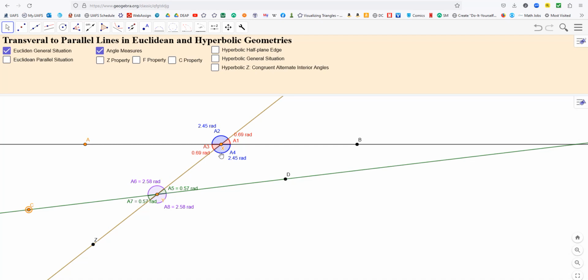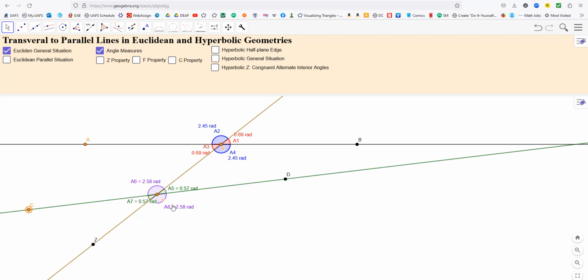You have alternate interior angles: A3 and A5, or A4 and A6. So you have two pairs of alternate interiors. You have two pairs of alternate exterior angles: A1 and A7, and then A2 and A8.